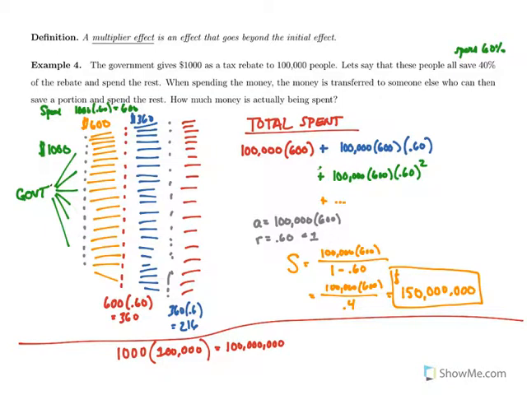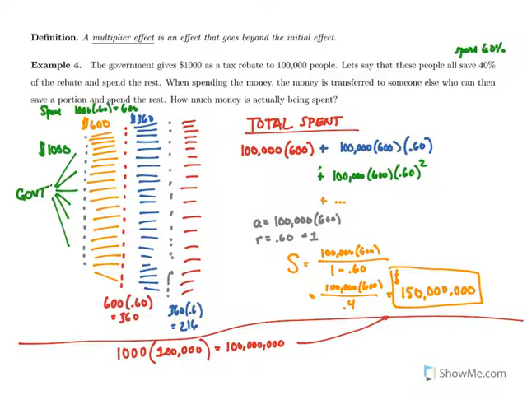So with an initial investment of $100 million into the economy to people, that actually turns into $150 million being spent throughout the economy. And this is the multiplier effect that's actually happening. It's not that just 60% of that $100 million is going to be spent, but it actually goes beyond that. We can use a geometric series to help us with it.